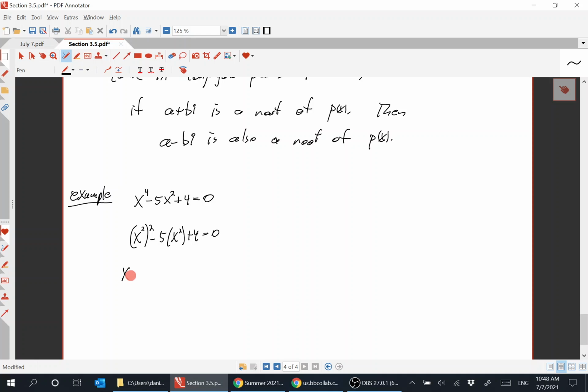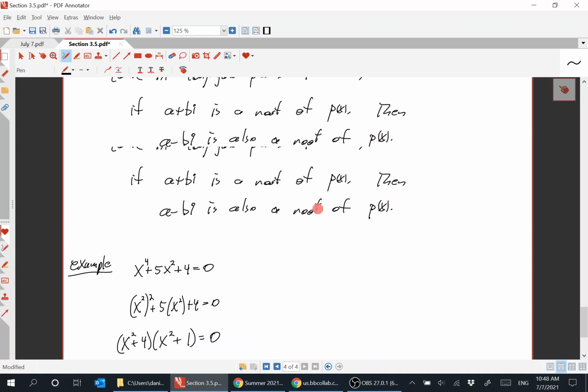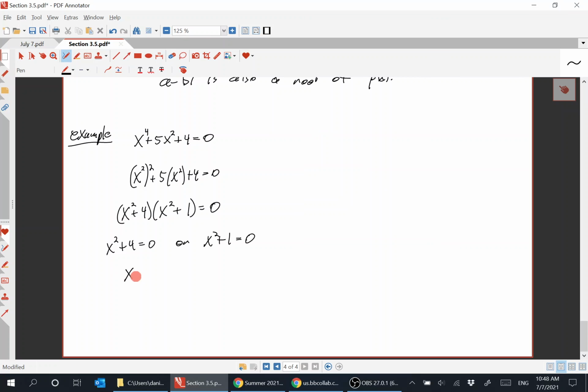Right, so this is x squared plus 4 times x squared plus 1 equals 0. Right, so this means x squared plus 4 equals 0, or x squared plus 1 equals 0. And this means that x squared is negative 4, or x squared is minus 1.